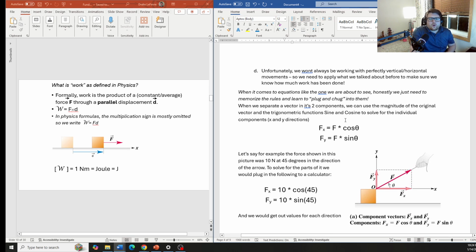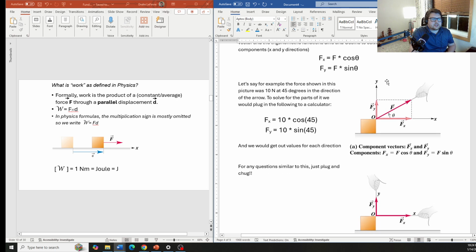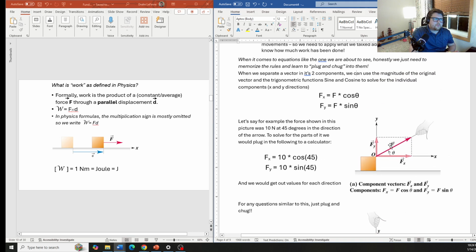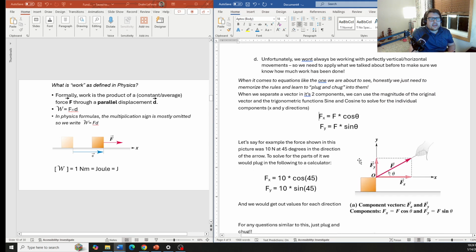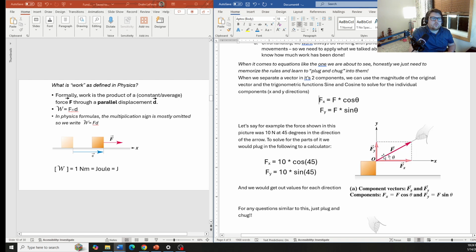You're not going to be required to calculate a lot of this stuff. However, adding these two components together, this is all from part 1, where remember, if we have a diagonal force, we find the theta, which is the degrees between the ground essentially and where the force is acting, so the x-axis and the y-axis.